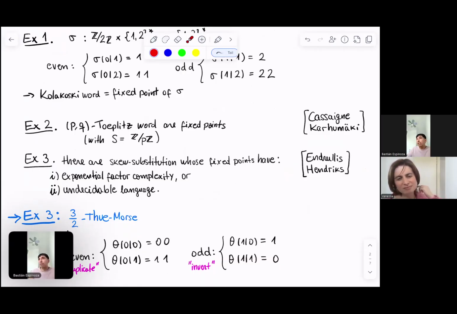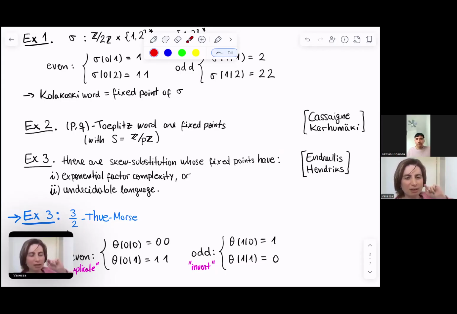This means that, for instance, it could happen that for a single letter, we cannot decide using an algorithm whether this letter occurs somewhere in the infinite word. Now, in any case, these examples go in a different direction because they're highly non-recurrent, and we're going to focus mostly on examples that we expect to have high recurrence, a strong recurrence.